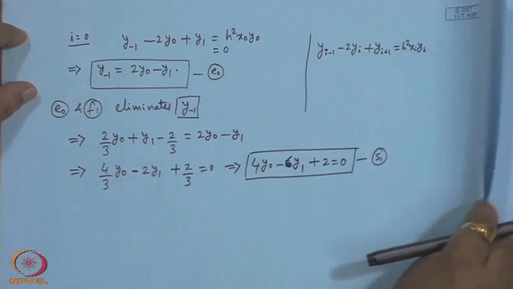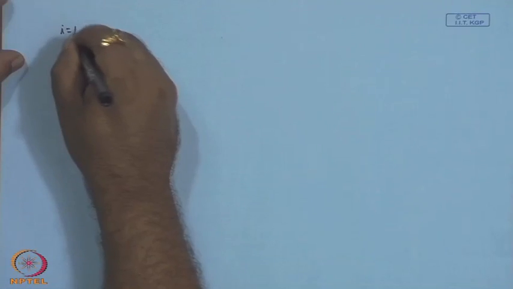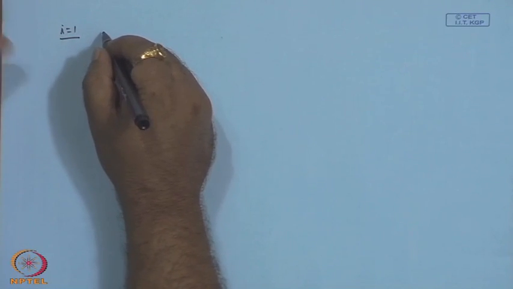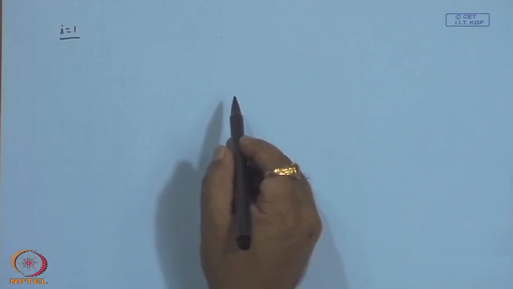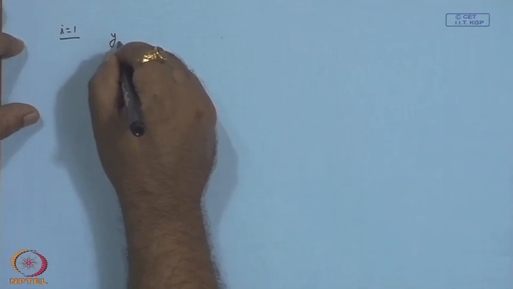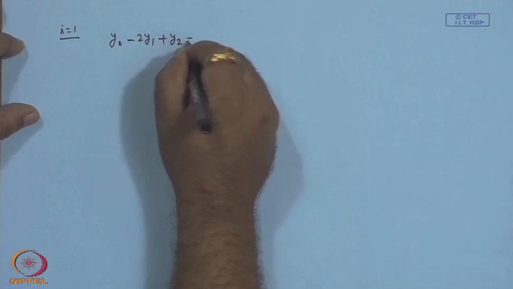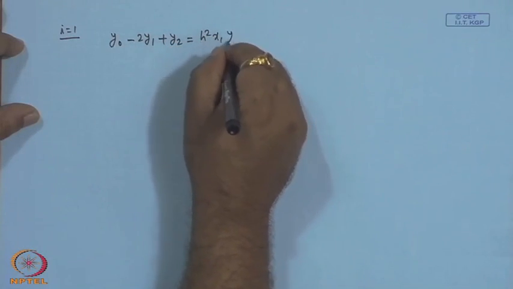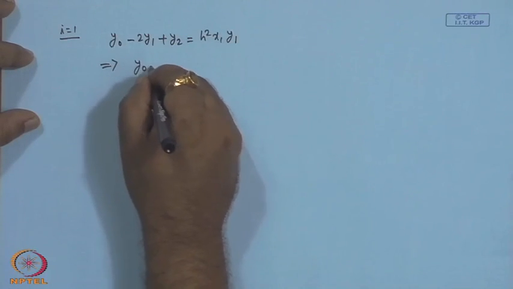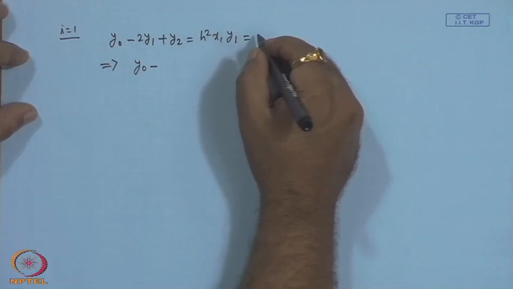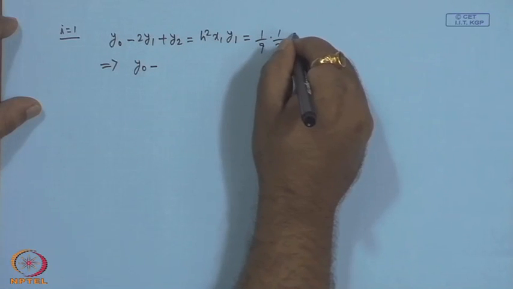Now i equals 1. We get again from this when i equals 1, where h square is 1 by 9 and x 1 is this.